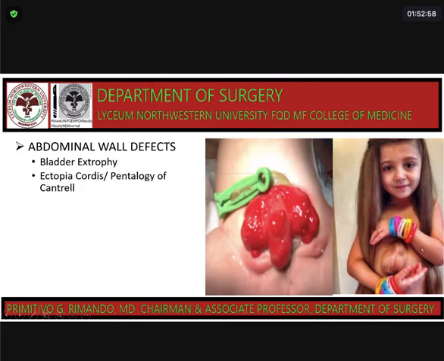Here is a patient. I think she's around 10 years old now. Not in the Philippines. She's a Russian patient. The patient had an ectopia cordis. So when she was a baby, her heart was exposed, out of the pericardial cavity.